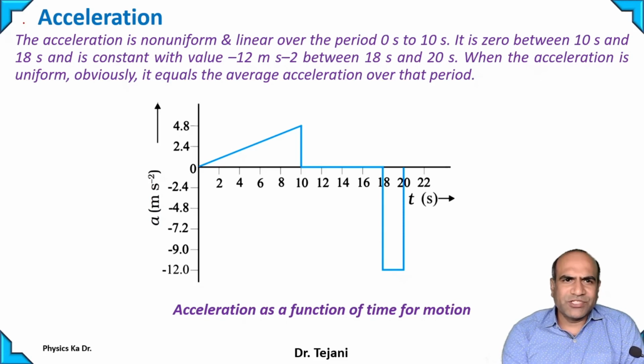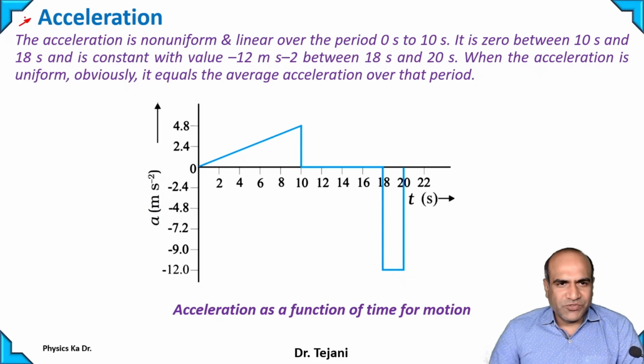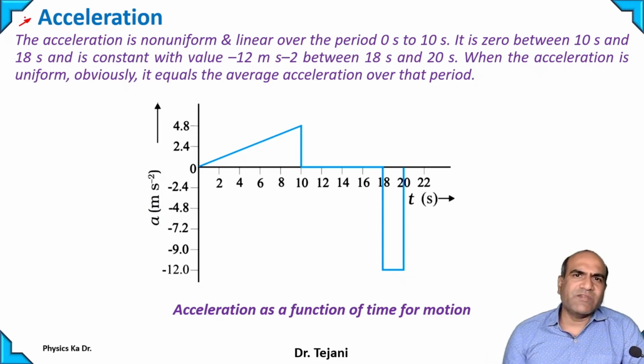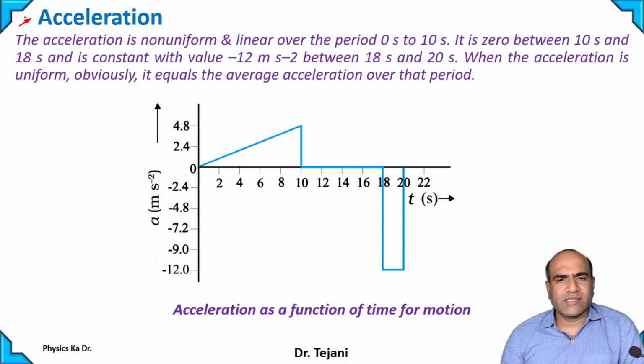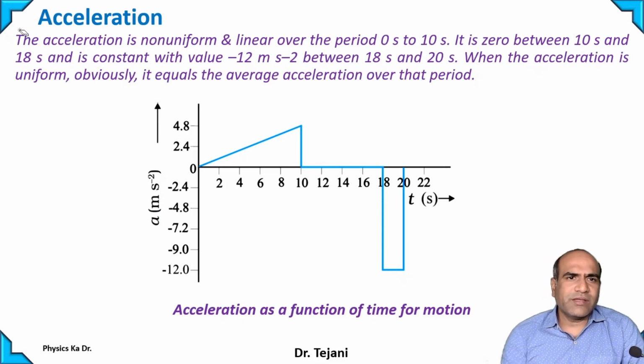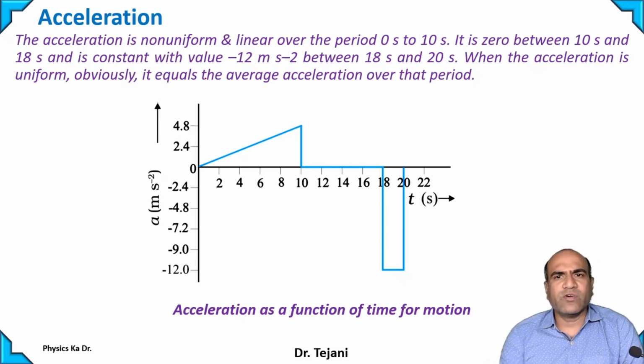So now, acceleration was defined like that in history. How to plot an acceleration graph? We already studied various equations for acceleration in terms of constant acceleration and motion graphs. Here the acceleration is non-uniform and linear over the period of 0 to 10 seconds.